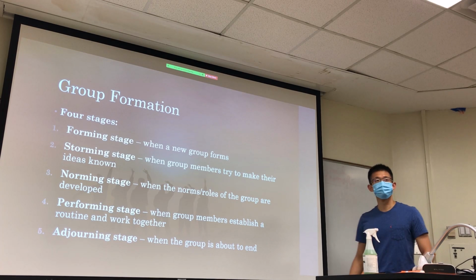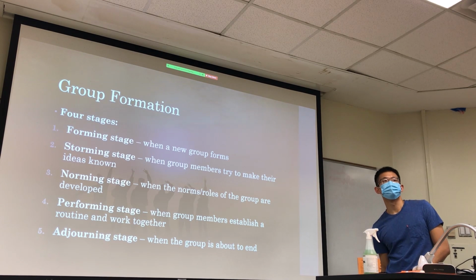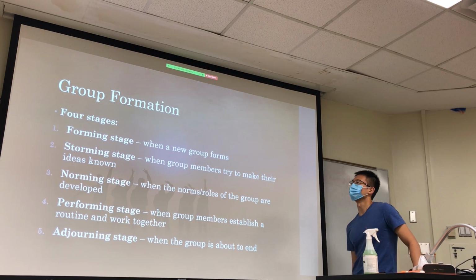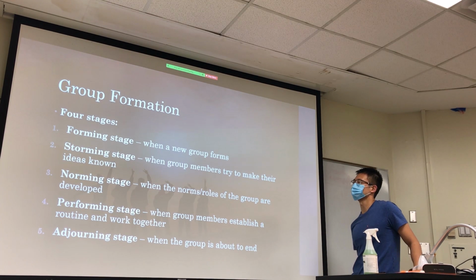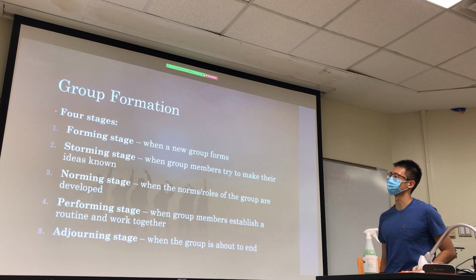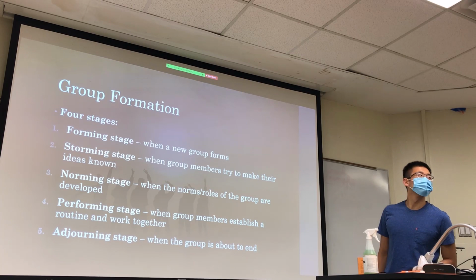I think you put 4 stages because in the textbook it groups it as 4 and puts norming and performing together. Oh, they did? Yeah. Let's do 5. Why would you put them together but not the others? Did they explain? I don't know. They did a little bit.